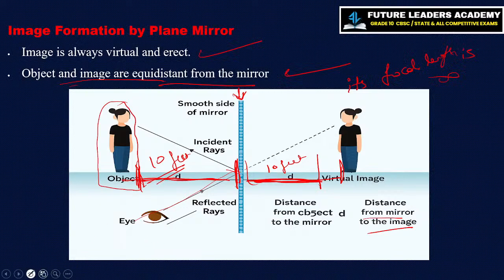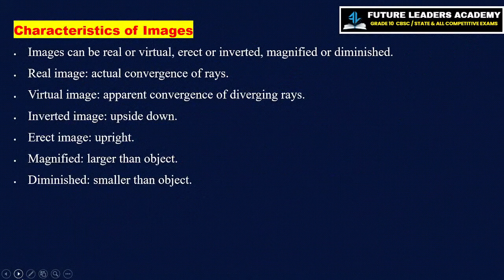Understood? So the next thing is characteristics of images. Images can be real or virtual, direct or inverted, magnified or diminished. These are the characteristics of the images formed in the mirror, because there are different types of mirrors.